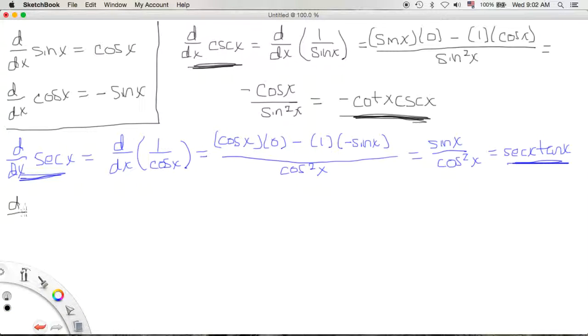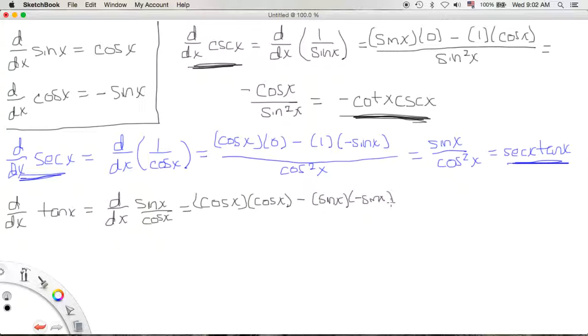What about tangent? If you need to pause this and slow it down, figure it out, make sure you follow, make sure you do that. Bottom times the derivative of the top minus top times the derivative of the bottom all over the bottom squared.